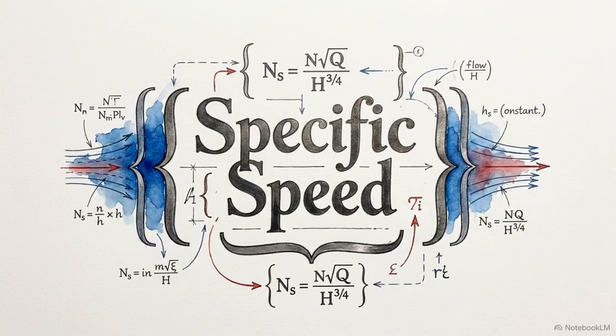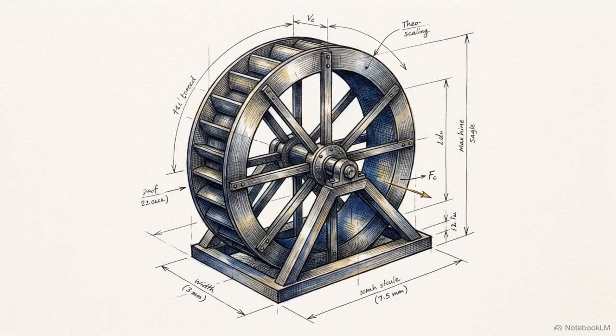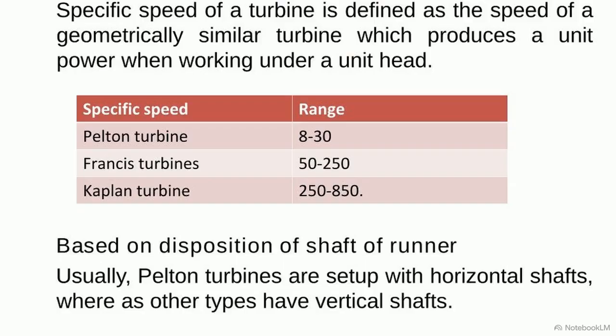All these physical characteristics roll up into a single mathematical concept called specific speed. This is a theoretical metric that calculates the speed of a geometrically similar turbine scaled to produce 1 unit of power under 1 unit of head. This table maps specific speed ranges. Pelton turbines sit low at 8 to 30. Francis turbines occupy 50 to 250, and Kaplan turbines range from 250 to 850.